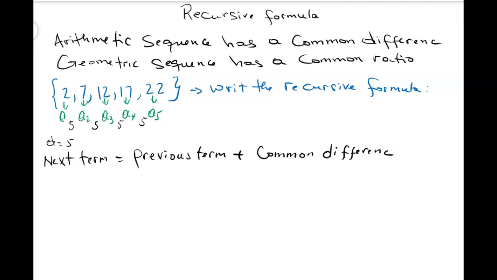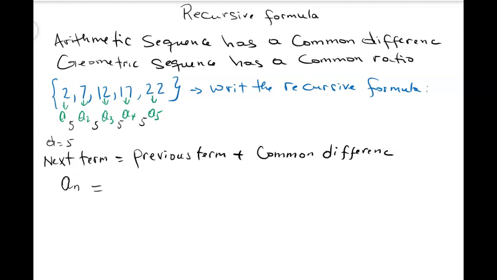That means a sub n is whatever term you need. A sub n can be anything. n can be 5. If I need the fifth term, then n is 5. If I need the fourth term, then n is 4. If I need the third term, then n is 3.